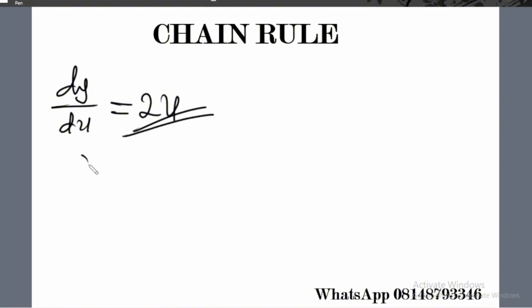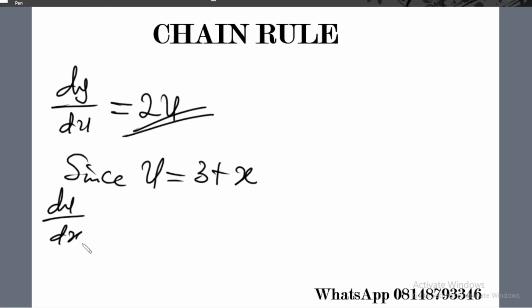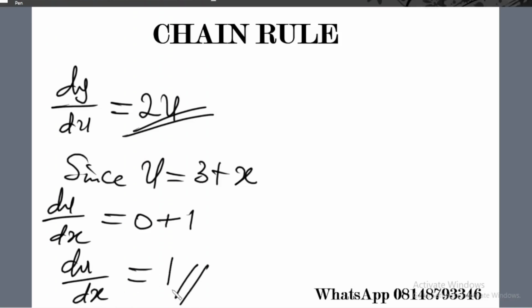Now, since u equals 3 plus x, let's find du all over dx. Differentiating u with respect to x, we have 3, since it's a constant and there is no x attached to it, it becomes 0, plus, if you differentiate x with respect to x, it gives you 1. So du all over dx equals 1.